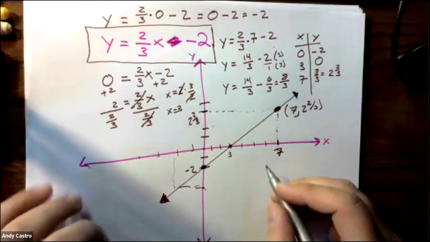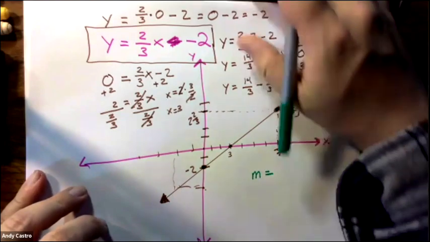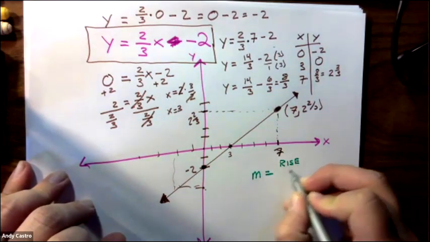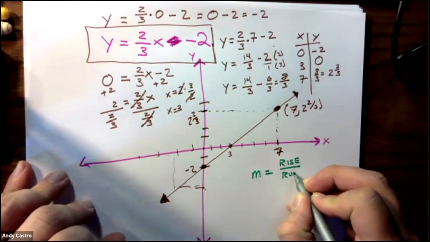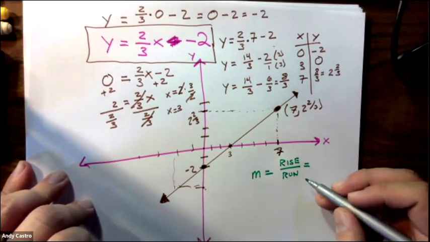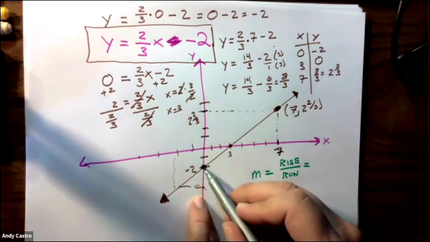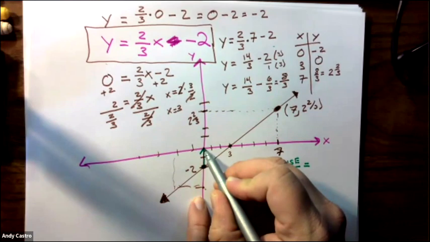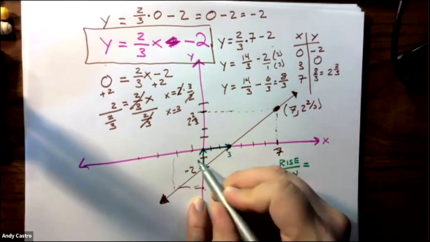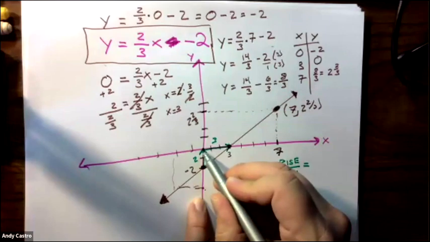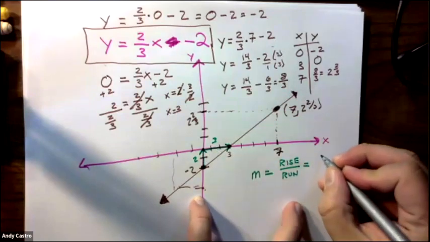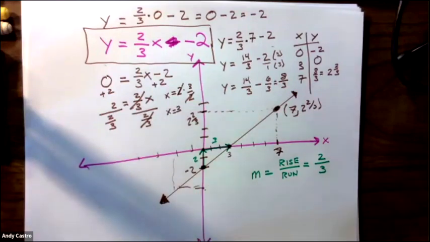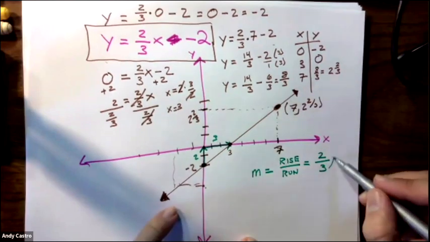And remember, the slope, m, is equal to the rise over the run. So if we start here, I am going to have to go up 2 units and over 3 units. So my rise is 2 and my run is 3. So the slope of this line is 2/3.